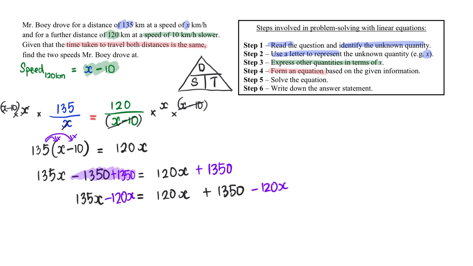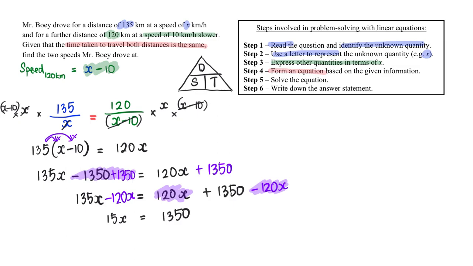such that 120x minus 120x will become 0. And I will get 15x equals 1350.